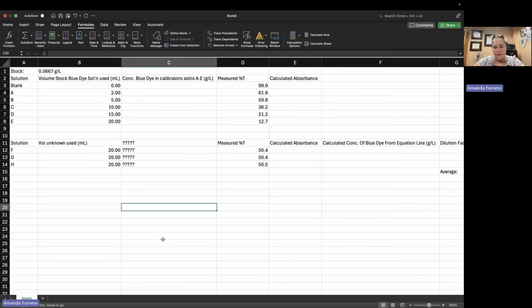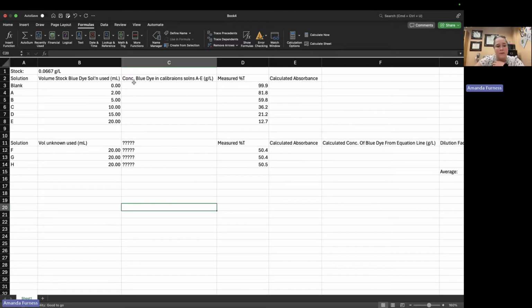What I like to do is use formulas in Excel because then it calculates for me. The first thing that we'll need to calculate is the concentration of the blue dye in the calibration solutions. Because we took some of our original blue dye stock solution and diluted it, this sounds a lot like C1V1 equals C2V2, or M1V1 equals M2V2, whichever version you prefer.